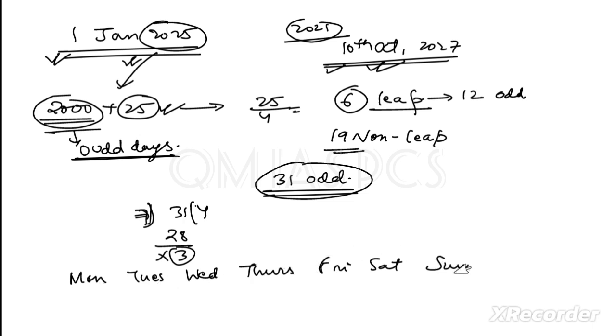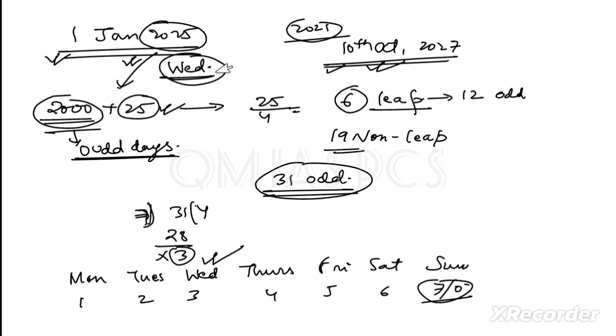So we consider this as 1, 2, 3, 4, 5, 6, and this is 7 or 0, both are the same, because 7 is not a remainder, 7 is a divisor, so we get the remainder as 0. Here we are getting remainder 3, that means it is Wednesday. If you look at the calendar of 2025, you will see 1st January 2025 is a Wednesday. Just check whether we are getting it right or not.